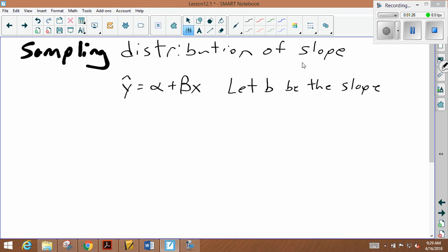Then we're going to have our mean is going to be the mean of b, we should say, sorry, the sampling distribution.